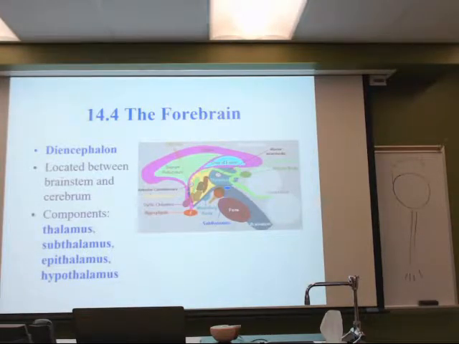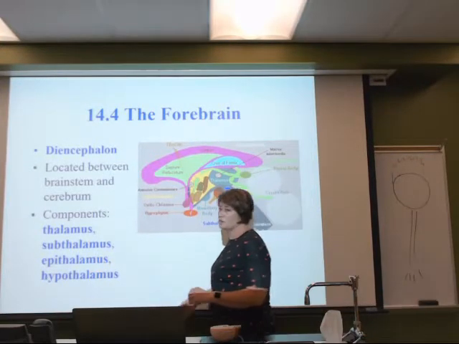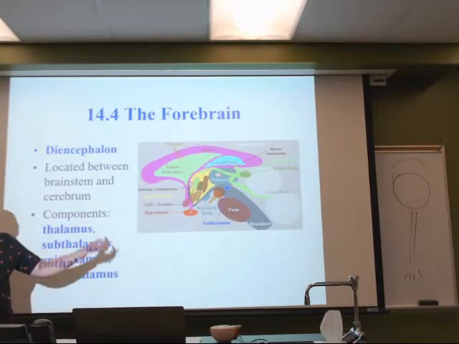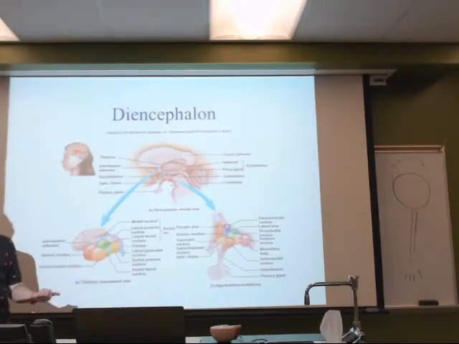The thalamus then says, oh, wait a minute, you need to go to frontal, parietal, and so on. Subthalamus, epithalamus, hypothalamus. The names let you know where each is located in relationship to the thalamus.